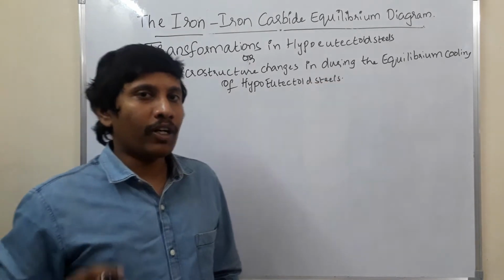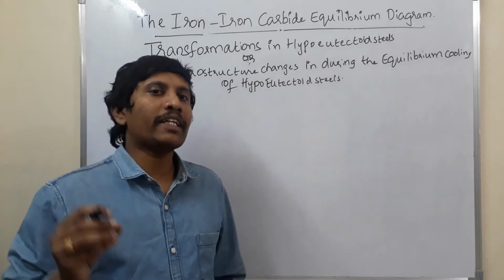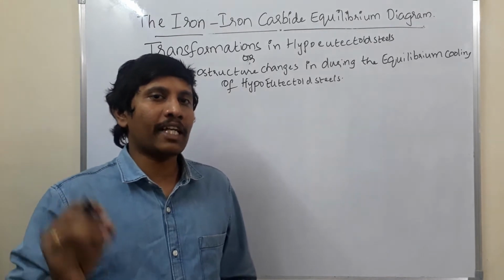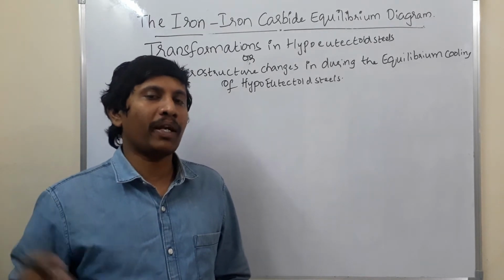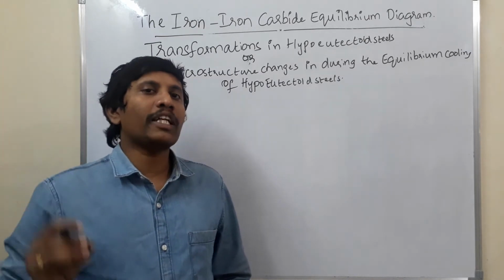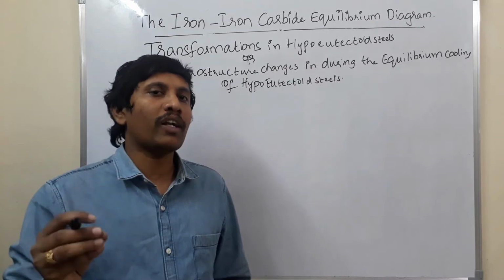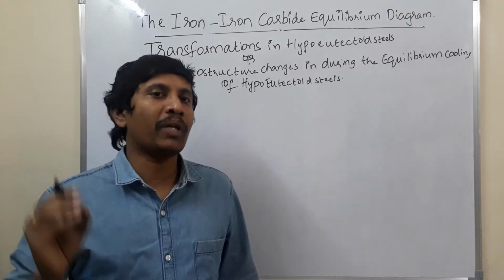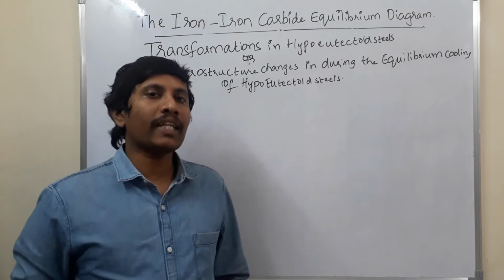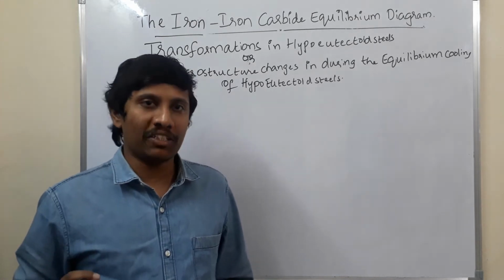So just for the starting 2 minutes, I will draw the iron carbon equilibrium diagram and indicate the different phases present in it, which we discussed in lecture 1 of the iron carbide equilibrium diagram. The iron carbon equilibrium diagram we are discussing is also called the iron carbide equilibrium diagram, because in the phase diagram we are taking the carbon weight percentage up to only 6.67 percent.